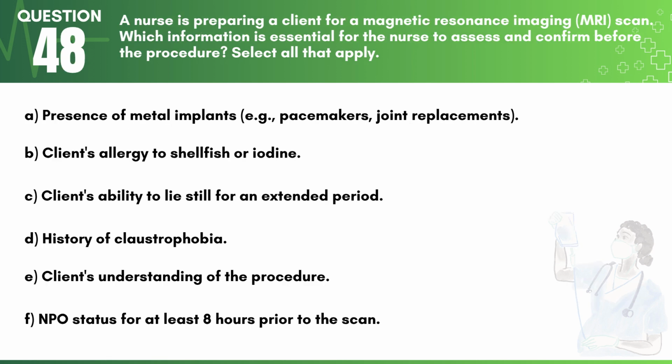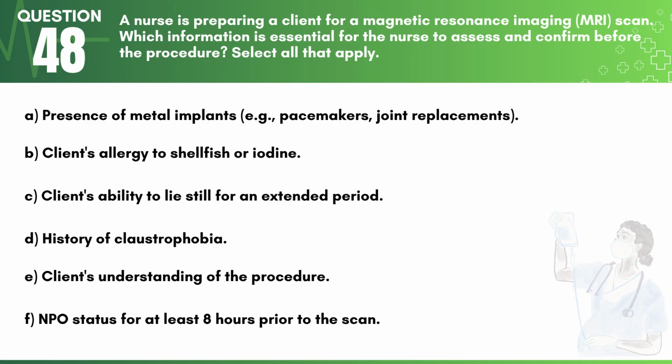Question 48. A nurse is preparing a client for a magnetic resonance imaging, MRI, scan. Which information is essential for the nurse to assess and confirm before the procedure? Select all that apply. A. Presence of metal implants, e.g., pacemakers, joint replacements.